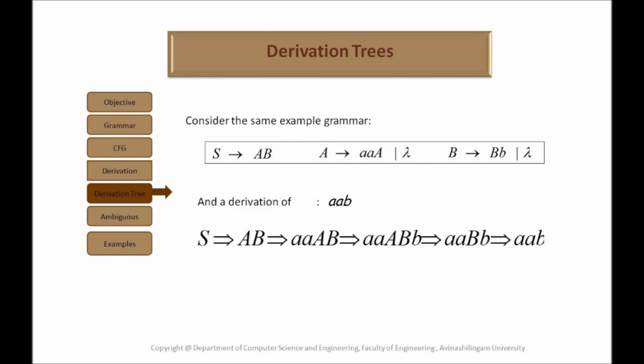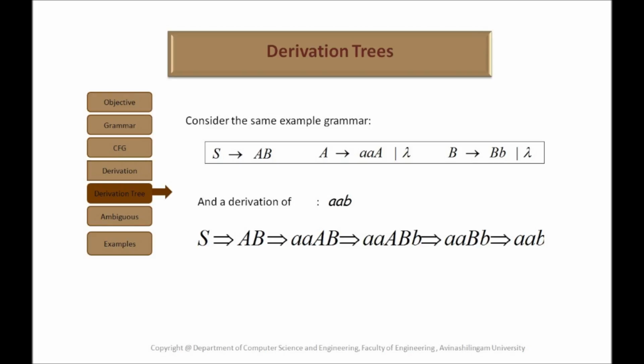Next we will see the derivation tree. Derivation tree is a pictorial representation of the derivation process. These trees are also called syntax tree, parse tree or derivation tree. Here we have the start symbol as the root node, variables are the interior nodes and terminals are the leaf nodes. Here we have considered the same productions. We have derived this string using leftmost derivation.